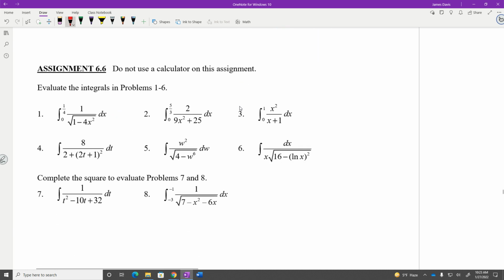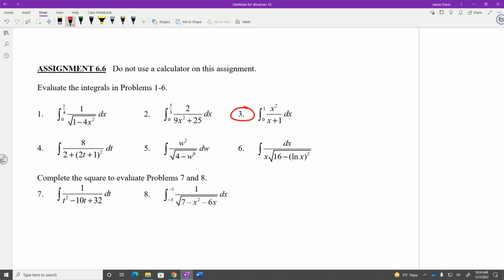But let's go ahead and try. The only ones that I could find that actually do this are number 3.